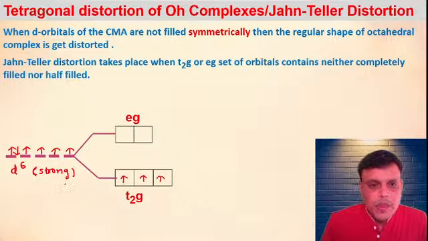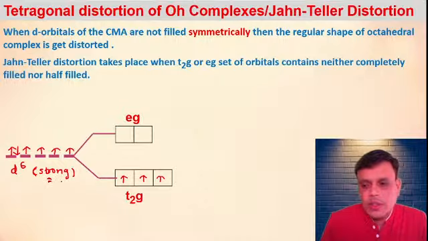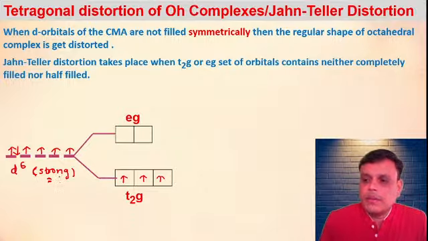Tell me, does the fourth electron go in eg or T2g? The complex is strong field, please remember this. So whether it will go in T2g or eg, tell me. Which orbital will the fourth electron enter?